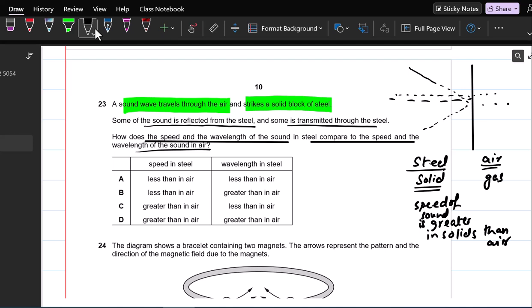So speed in steel is greater than in air. So A and B are not possible, either it is C or D. Let's see wavelength. If speed is increasing, v = fλ, so if speed increases, wavelength also increases. So D is right, greater than in air. So we are done with this question.